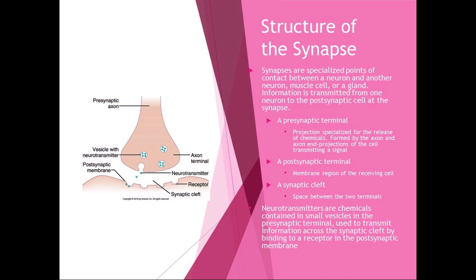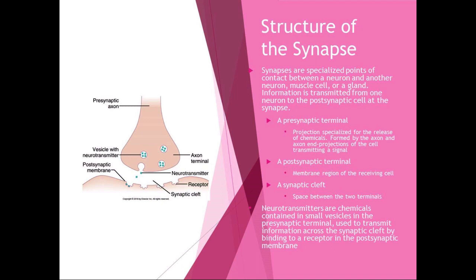The axon can split into different terminals and contact many different cells. The postsynaptic terminal is the membrane region of the receiving cell. So that's where the receptors are going to be that the neurotransmitters will bind. The space between the two terminals is called the synaptic cleft. So all that terminology you should know.